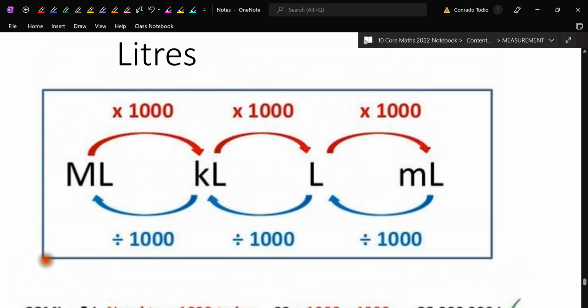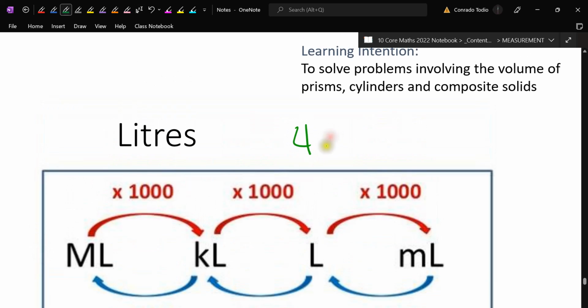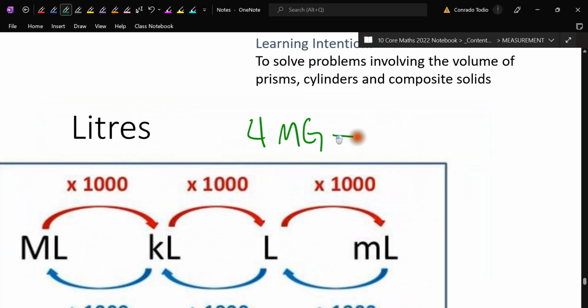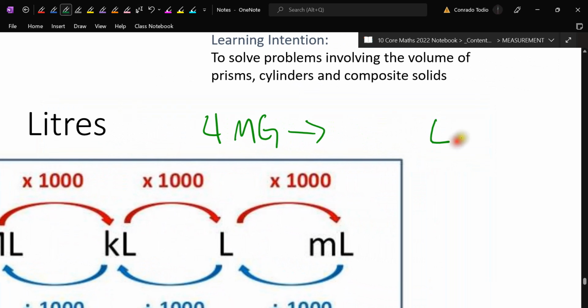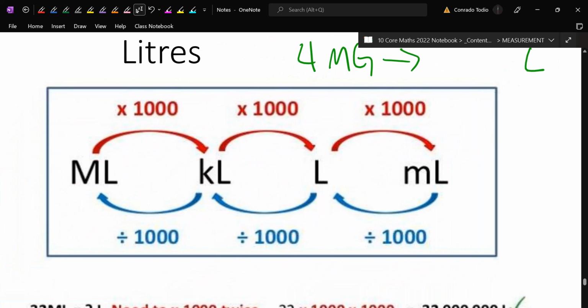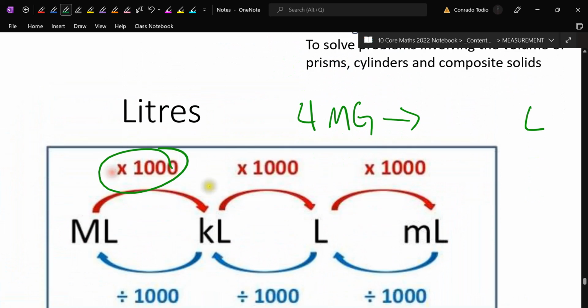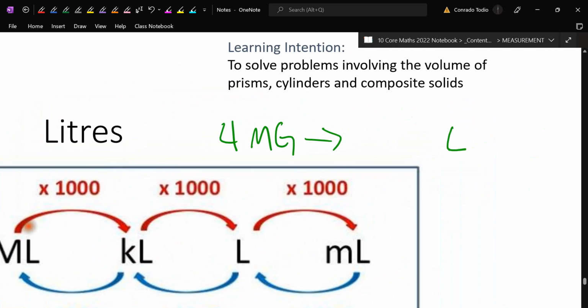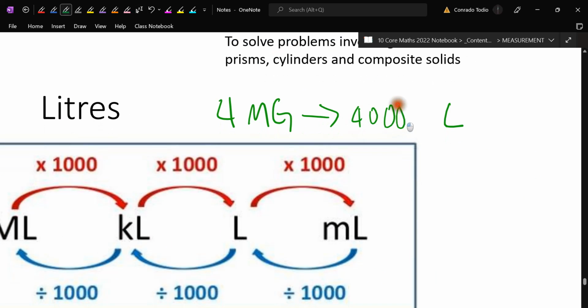So let's say I had 4 megaliters and I want to change it to liters. That's going to be 4 times 1,000 times 1,000, so it's going to be 4 million liters, because it's times 1,000, and then times 1,000 again.